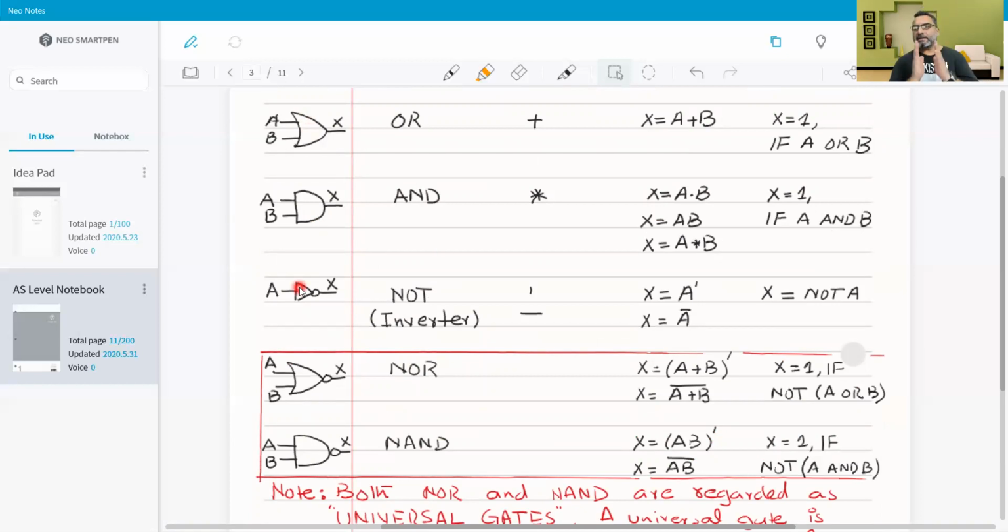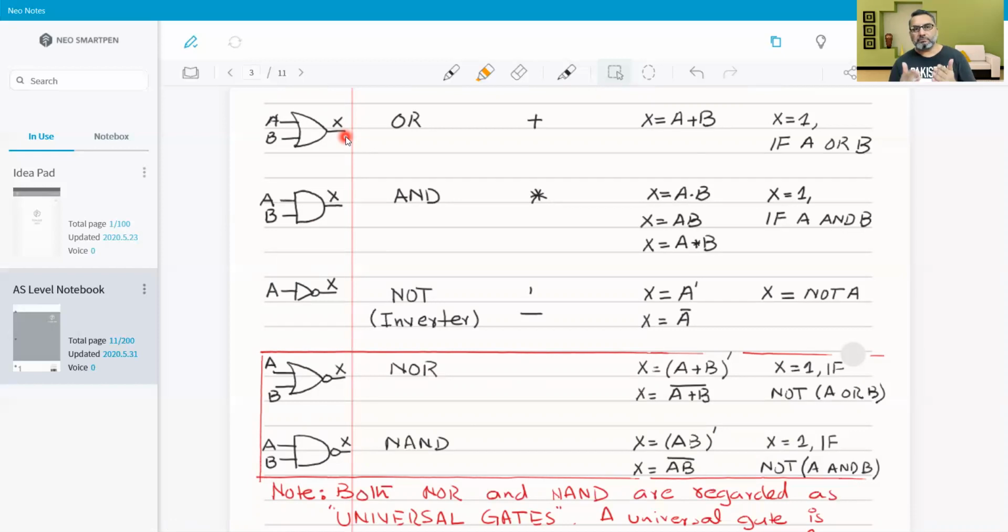When we combine these two, it becomes not OR. What does it mean? Whatever the output of OR, it will be inverted, converted to the other form. It means if the output of OR is 0, it will become 1. If the output of OR is 1, then it will become 0.